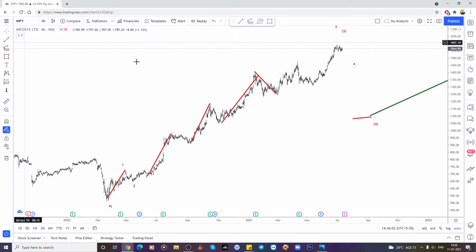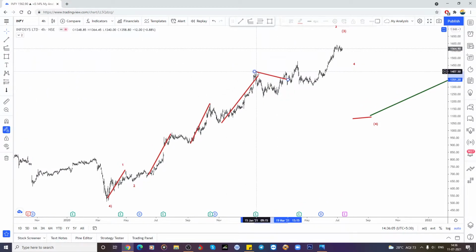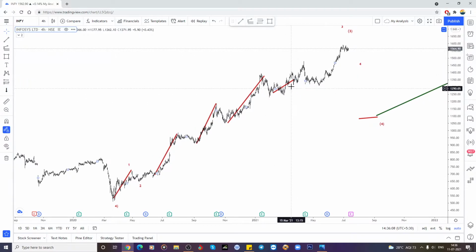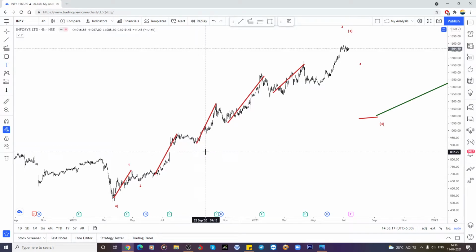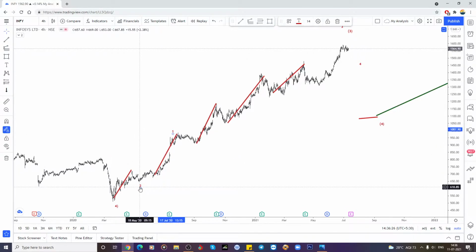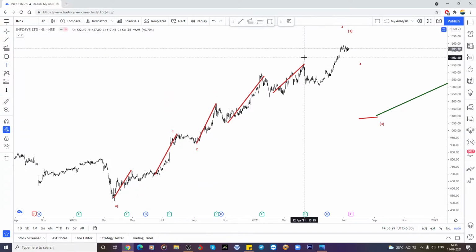So what will be the next? I think if you see this 1 2 3 4 5 wave structure, whether it is making again 1 2, 1 2 like that. Here is one more 1, so this is a 2, this is the third, 1, 2, 3, 4, and after one more fifth wave, this could be a third, this could be a fourth, and this could be a wave 1.